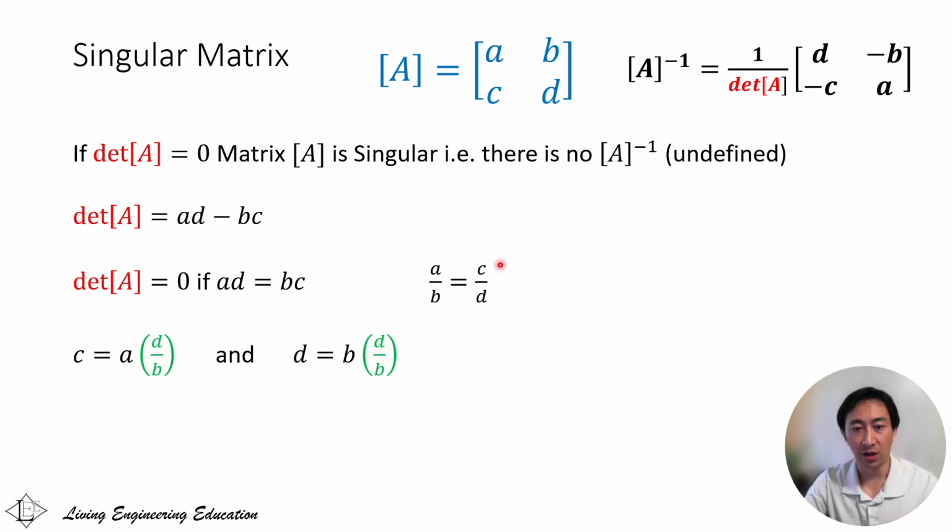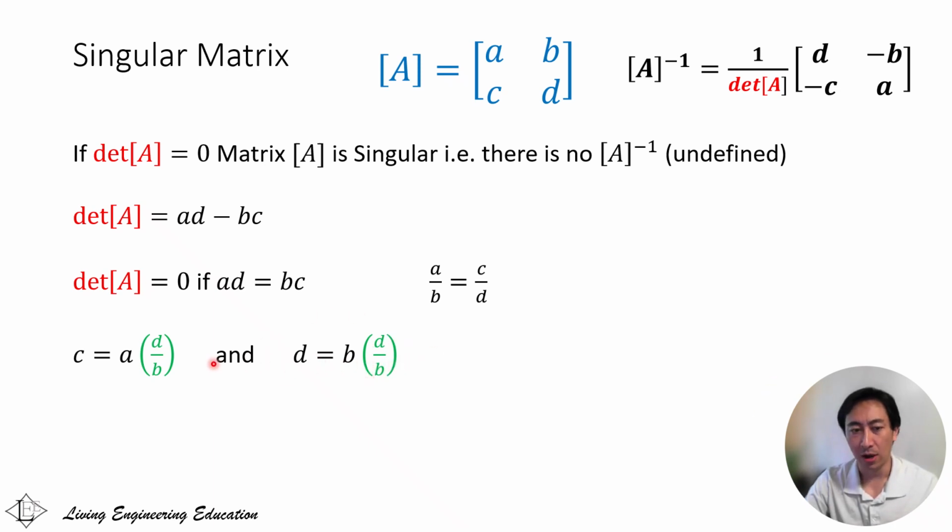So if I isolate C, C is equal to A times D over B. But this is also true, right? D over B is equal to D over B, or D is equal to B times D over B, right? This is just saying that D is equal to D.